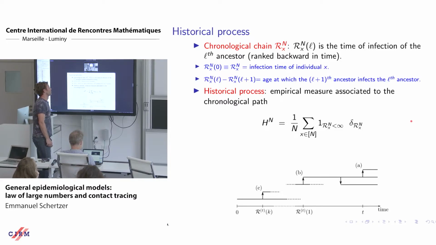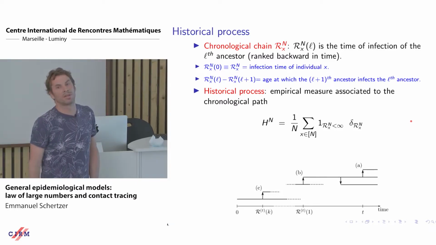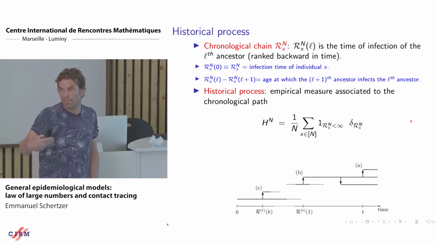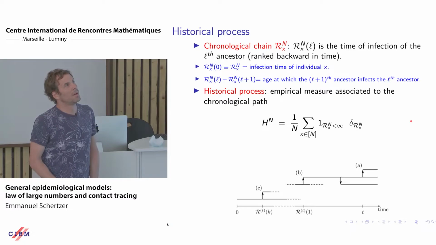Okay. So here are just a few notations. What I would like to model as a first step is what I will call the chronological chain. Okay, so the chronological chain is just a discrete time process, where R of L for individual X is the time of infection of the L's ancestor, right?